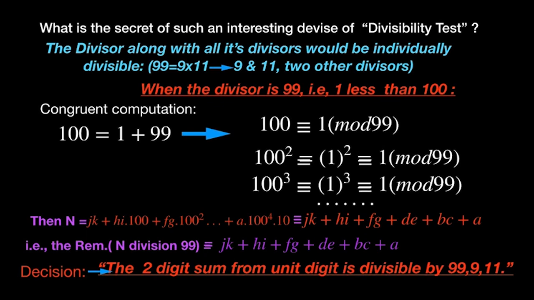Since 9 and 11 are its two factors other than 99, the same criteria will also work in the case of 9 and 11.